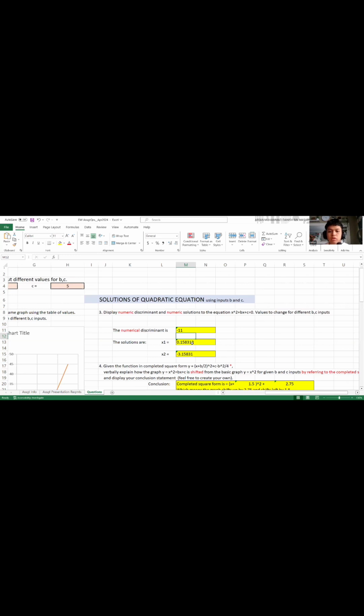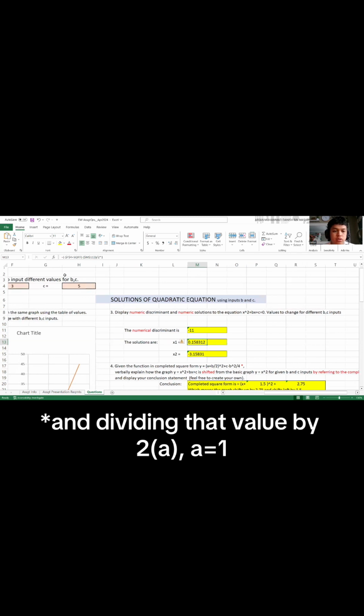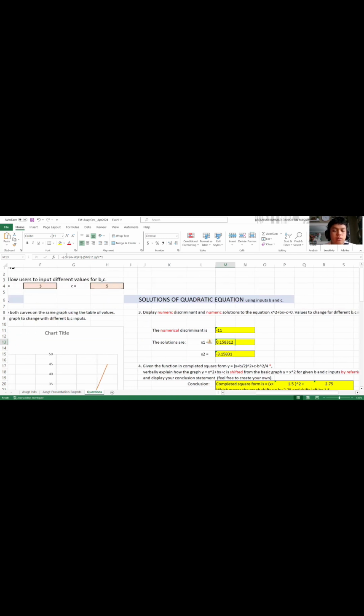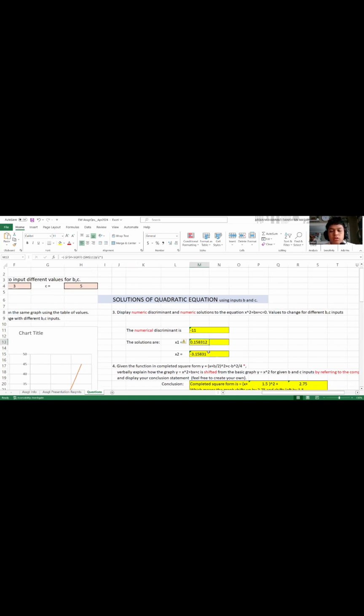And finding the numeric solutions using the formula negative b plus or minus the square root of the numerical discriminant, and again using the absolute positions of the values of b and c, it gave me both a positive solution and a negative solution using the plus and the minus.